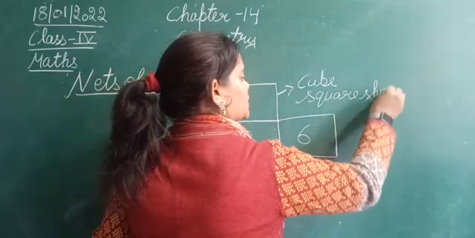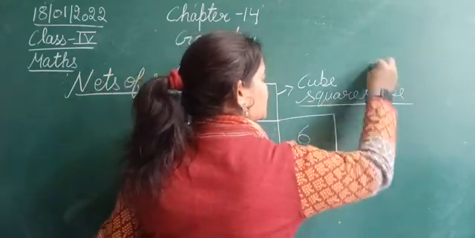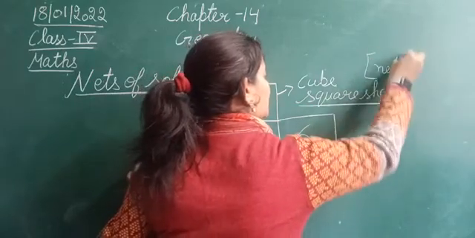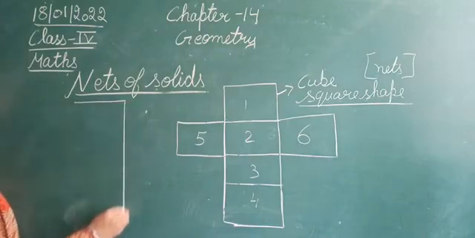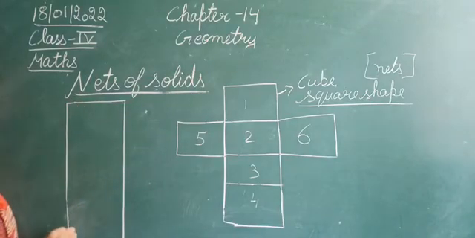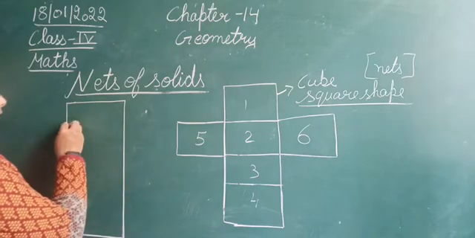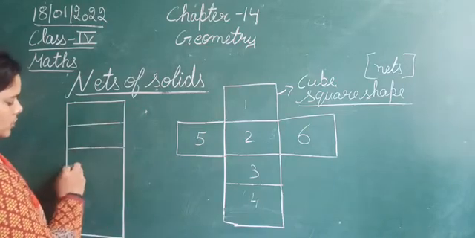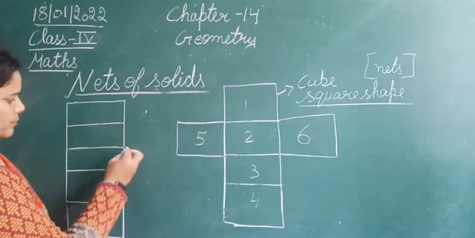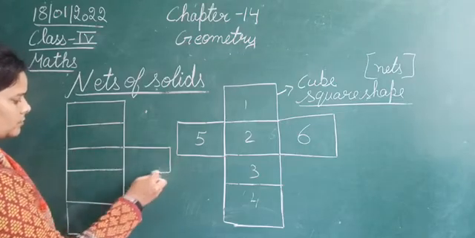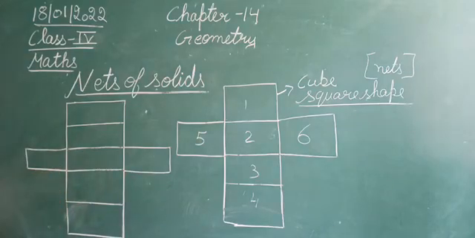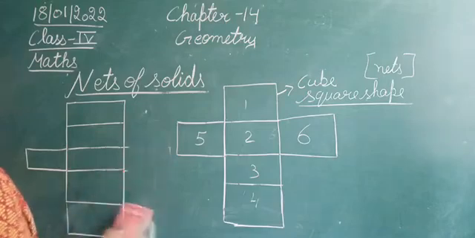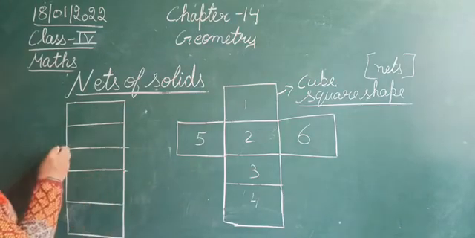All the nets of a cube will be in the square shape, whereas if we talk about the cuboid, again 1, 2, 3, 4, 5 and 6.